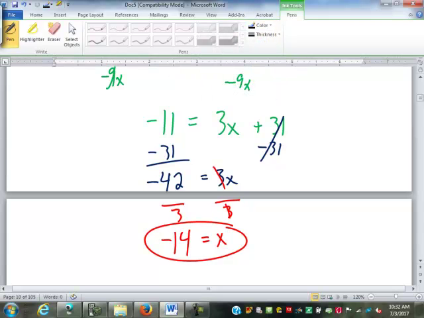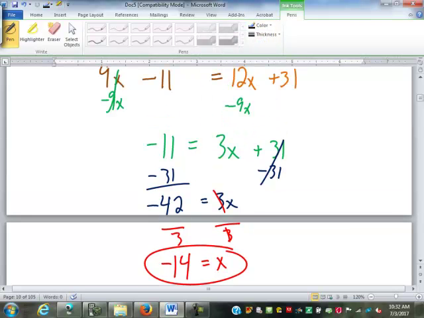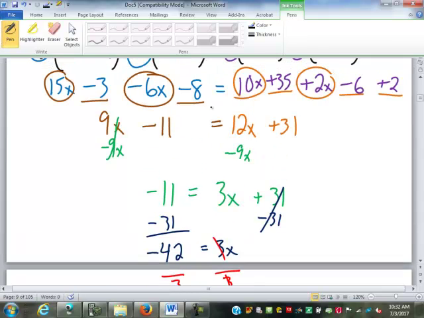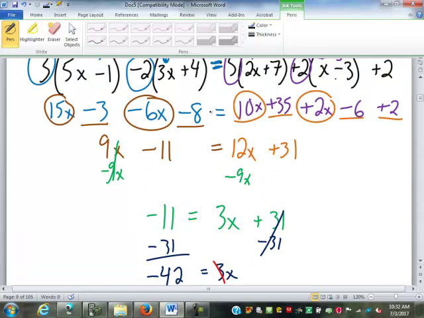Okay. So up there we have the 35 plus the 2x minus 6 plus 2. Don't you do addition before subtraction? Remember, addition and subtraction happen at the same time.